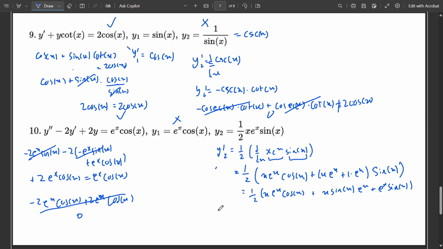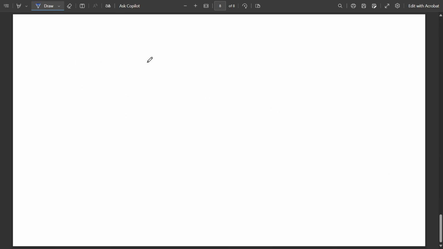Now we have to do the second derivative. X e to the x cosine of x. Let's do it on the next page. So we need the derivative with respect to x of x e to the x cosine of x. This term is together and this term is alone.